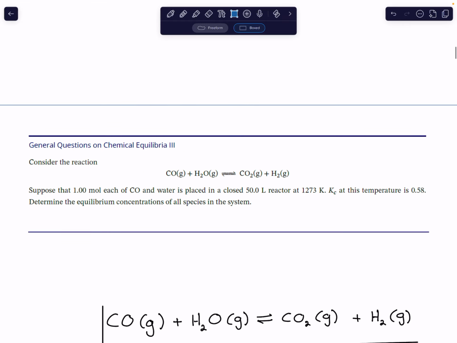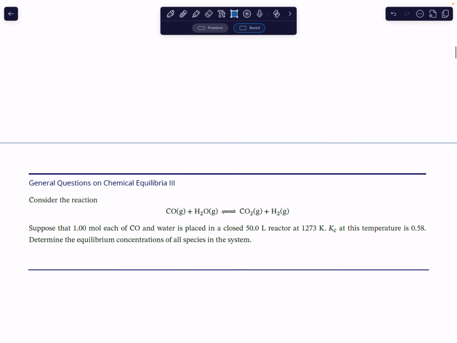Right. So before we get to that bottom part that you saw there, let's first analyze what we have. So we're told that we initially mix carbon monoxide. So, you can say carbon monoxide initially or carbon monoxide zero. So meaning initially we mix the same amount of carbon monoxide and water vapor.